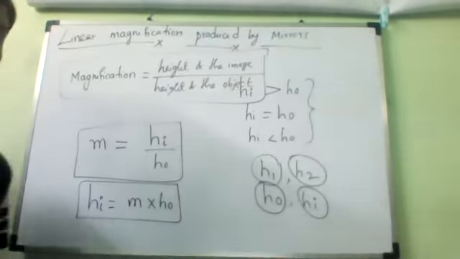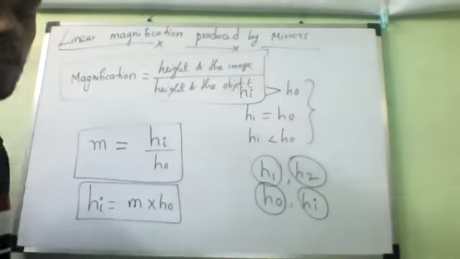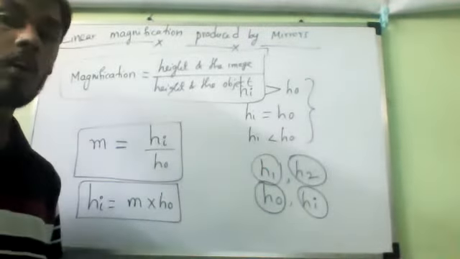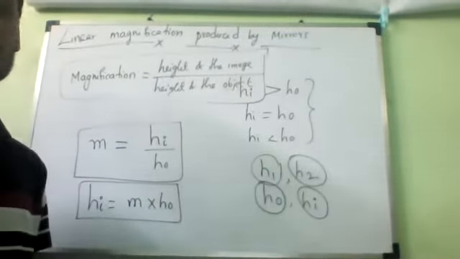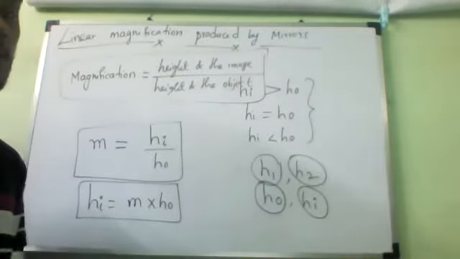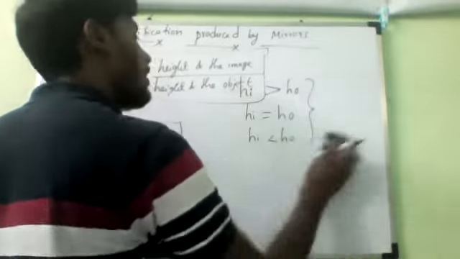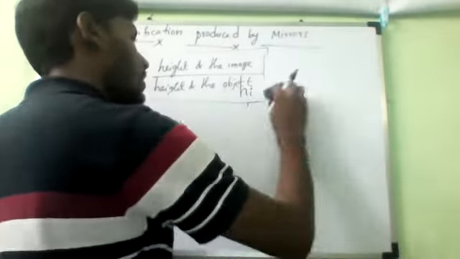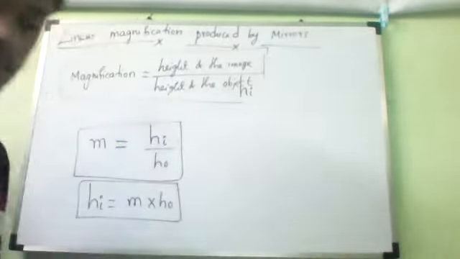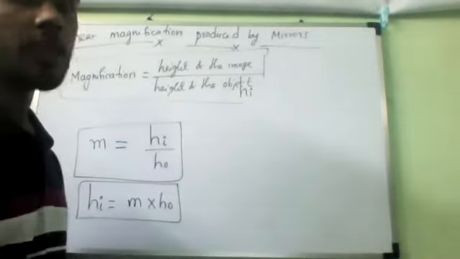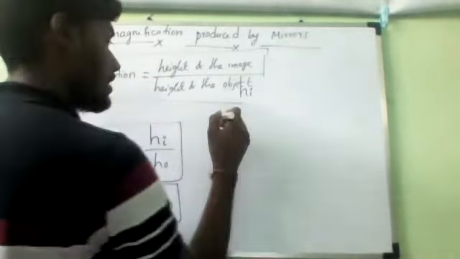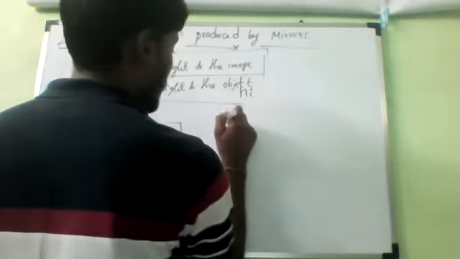Also, the linear magnification produced by a mirror is equal to the ratio of the image distance to the object distance, with the minus sign. So with the minus sign, it is the ratio of image distance by object distance. That is also the magnification of mirrors.